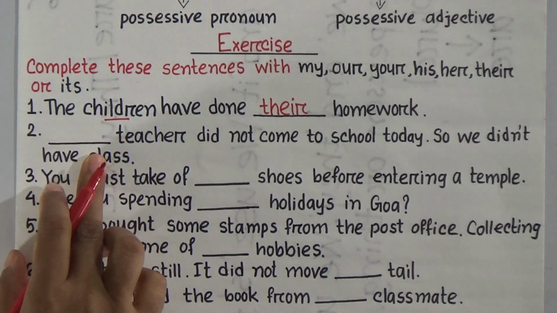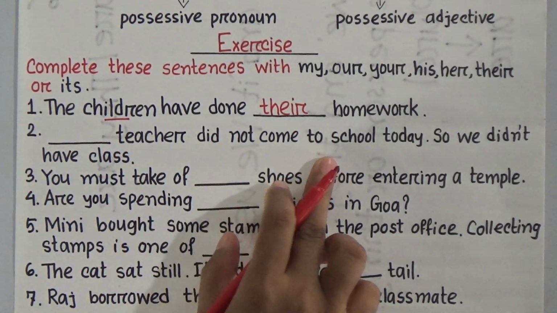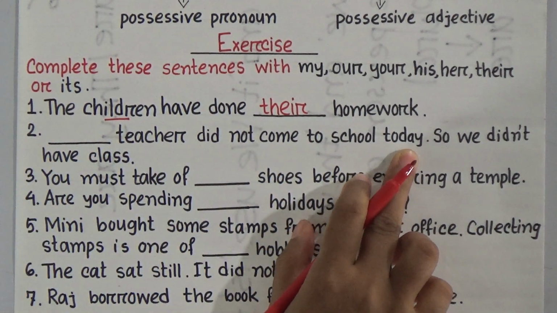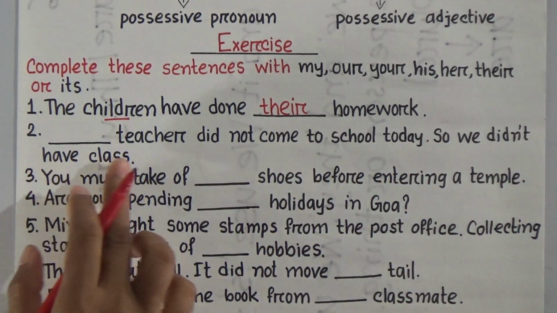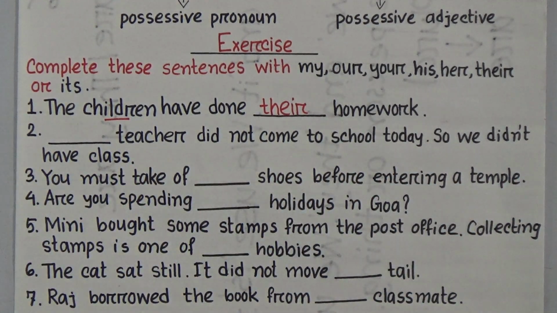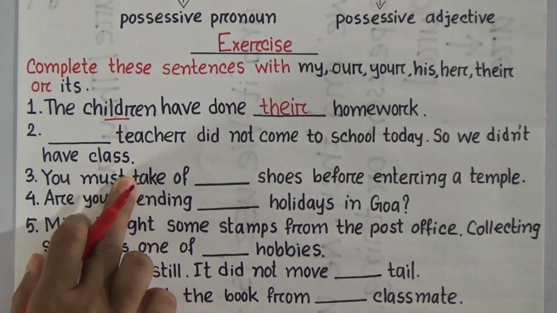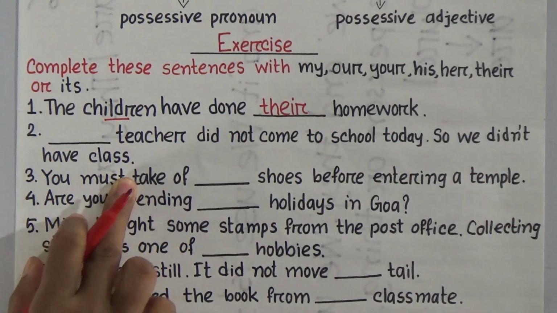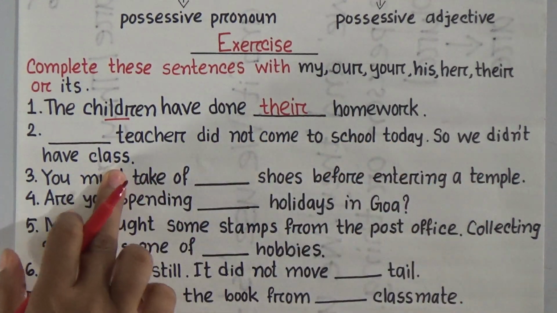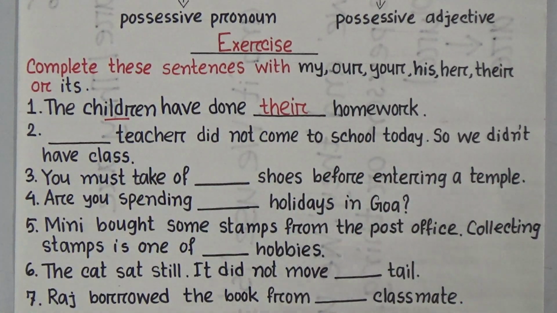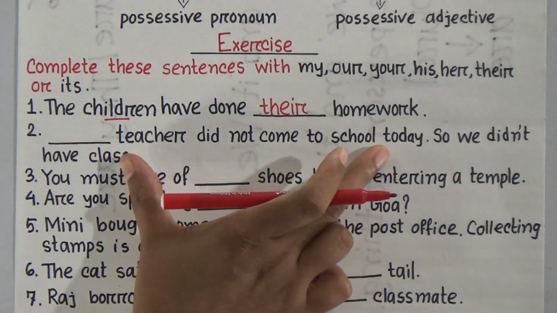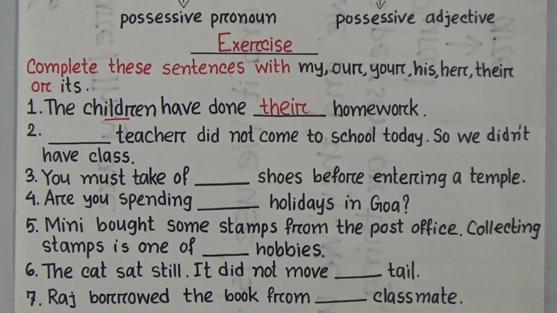Now number 2, dash teacher did not come to school today. So we didn't have class. Students, to do this, you have to read the full sentence. I'm repeating again, you have to read the full sentences because you can't find the answer by reading only one sentence.